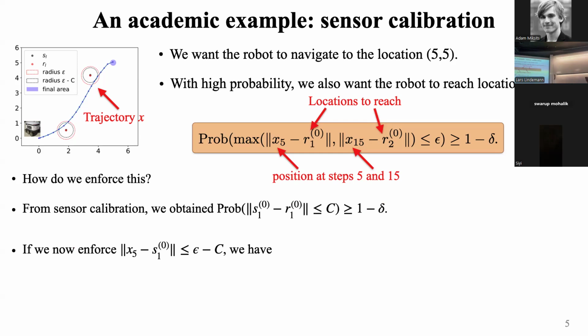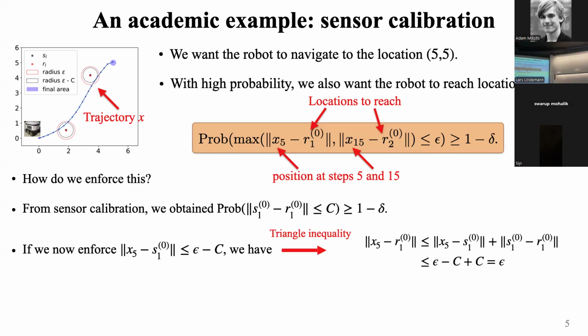If we now enforce, for instance, in an MPC or using some other constrained control method, that the position at time 5 of the robot is epsilon minus C close to this sensor measurement S1, then we achieve our goal. Why? Because we can use the triangular inequality.